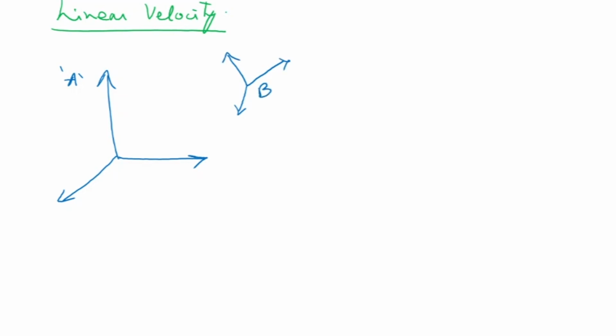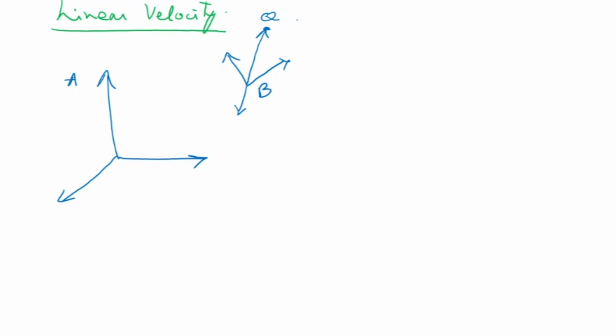And there is a point Q given there. That's my point Q. Okay. So there is a point Q which is specified in frame B. Now there is a rotation and a translation between frame B and frame A. Okay. So frame B is rotated and also translated.